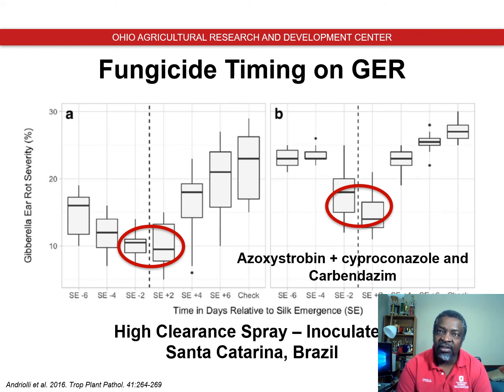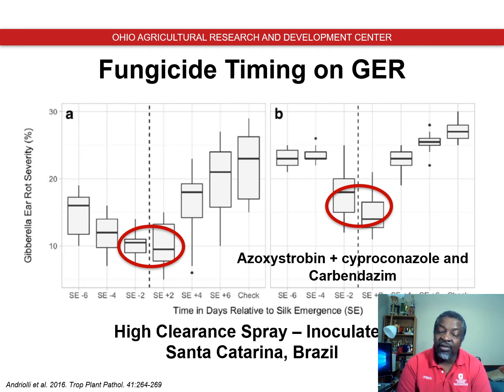In both cases, the greatest reduction in the level of disease, the lower bars here, was observed when that fungicide was applied within 2 days of silking. As the fungicide applications were made earlier or later relative to that silking window, efficacy decreases, with applications made 6 days after silking having levels of disease very comparable to the untreated check.